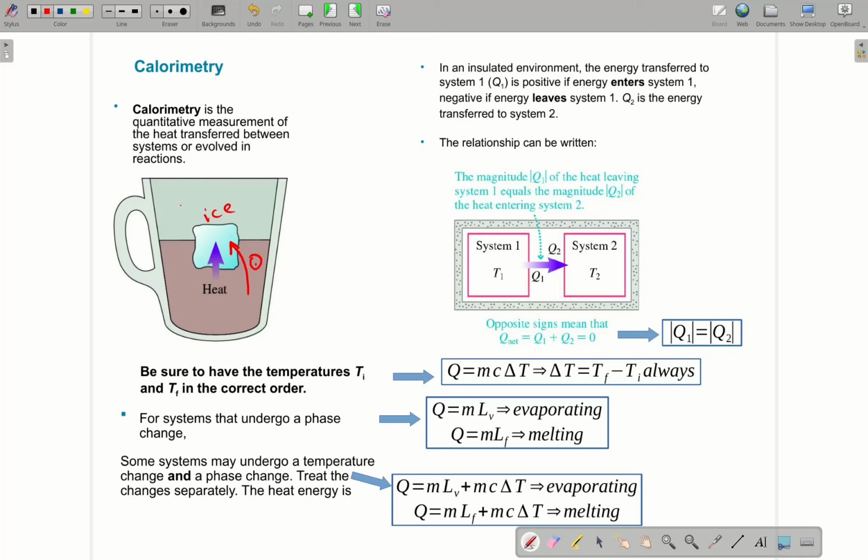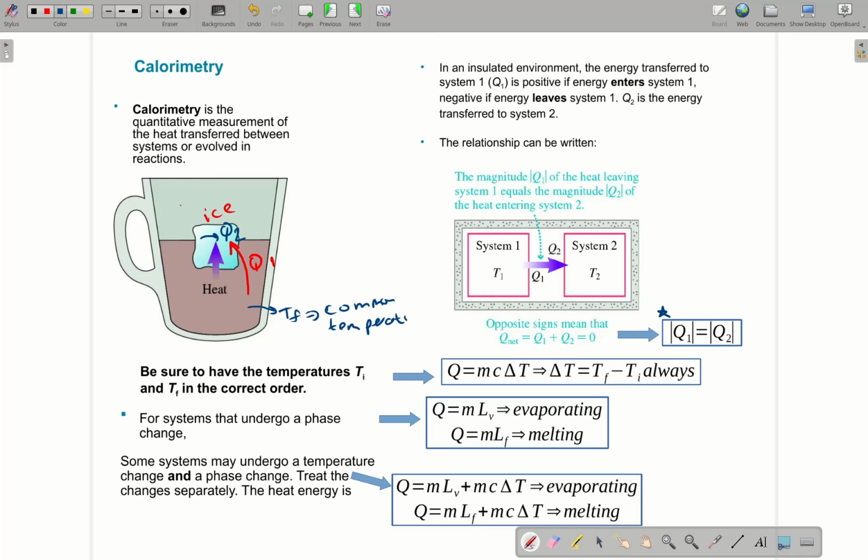Let's say water gives Q1 and ice takes Q2. They should be equal to each other in absolute values. We can calculate their final temperature, because the final temperature will be the same. They will reach a common temperature at the end.